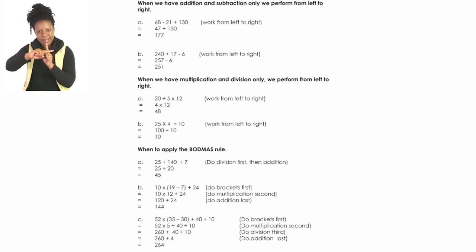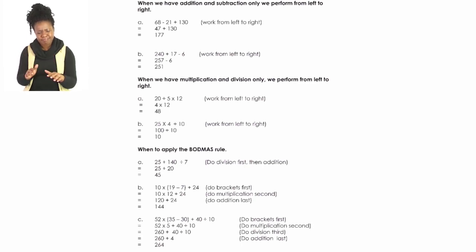So equals 260, and then 40 divided by 10 equals 4. So I'm left with 260 plus 4. And now I do my addition sum last, and that is equal to 264.